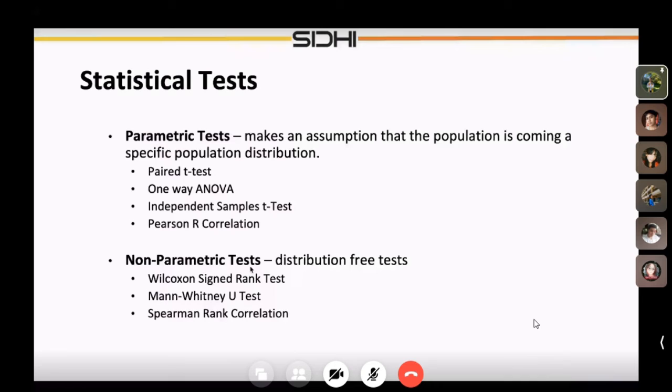So the answer there is no. Please have the diligence to understand what you're trying to prove in your research.